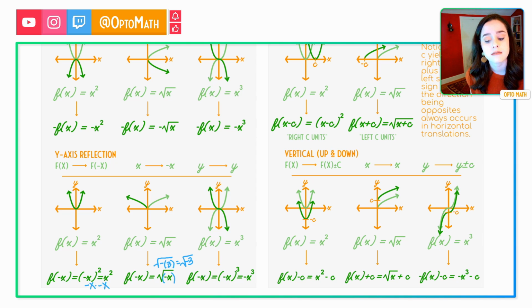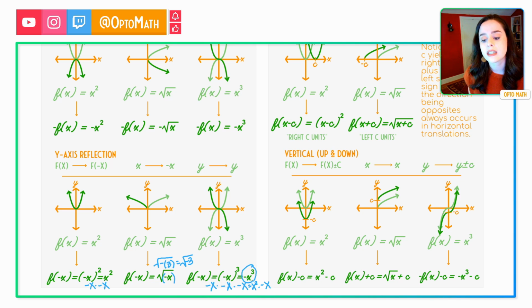F of negative x equals the quantity of negative x cubed, so all of it, right? Well, that's negative x times negative x times negative x. Well, a negative times a negative is a positive, so that'd be positive x squared times another negative x is still going to end up to be negative x cubed.